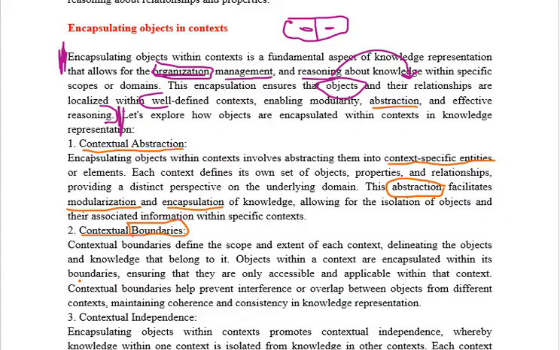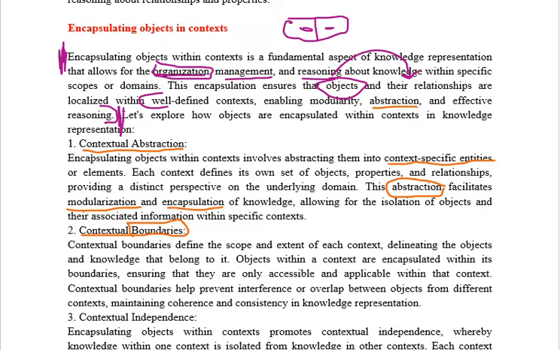The objects that are encapsulated will be under the boundary only; they cannot cross their boundary. This ensures that they are applicable within the context. They will check that they are appropriate to the context, correct and consistent, appropriate to the information.